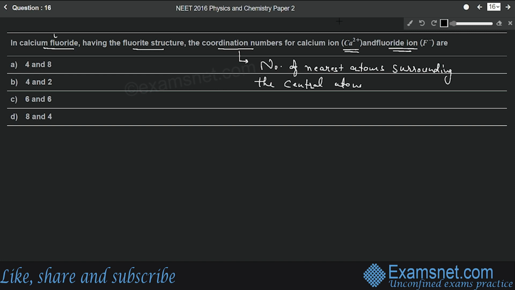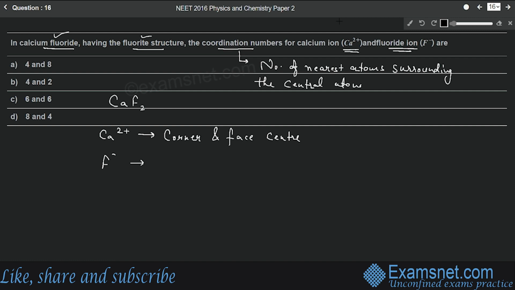Now, we have calcium fluoride, that means CaF2. In this, we have two types of ion, Ca2 plus ion and F minus ion, right? This Ca2 plus ion is present at the corner and face center in the structure, okay? In the fluoride structure, it is present at corner and face center.